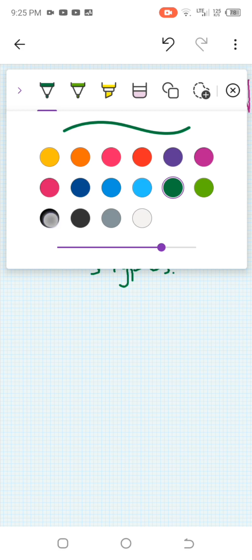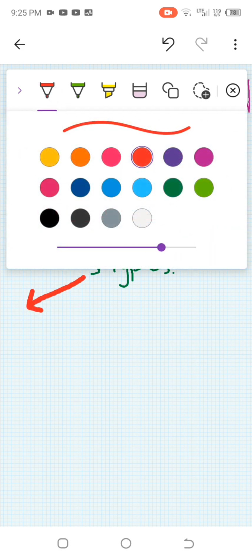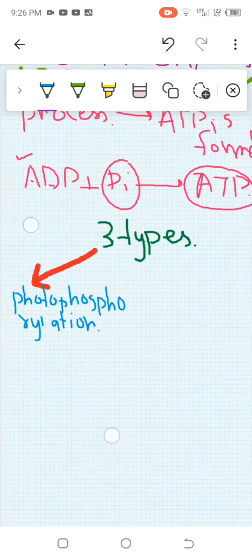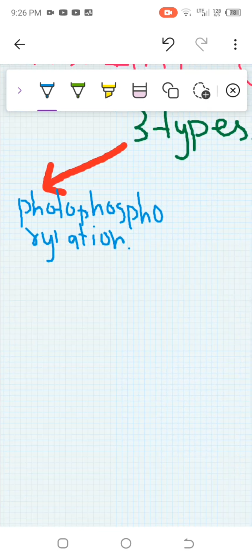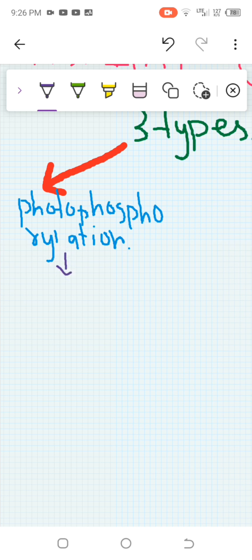Our first type is photophosphorylation. Let's talk about this first, then we'll go further on. So what actually is photophosphorylation?